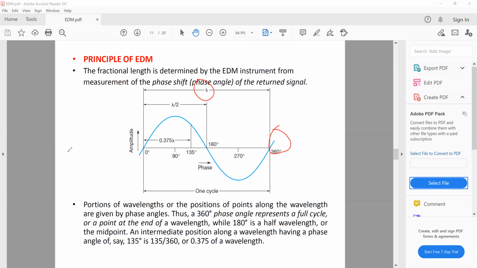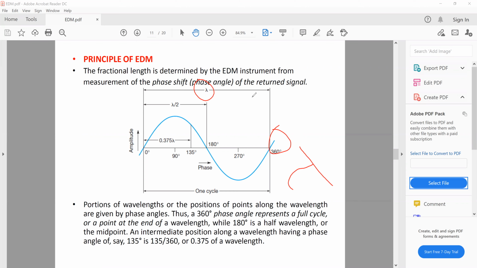That means if it's 0 degrees at the beginning and 360 degrees at the end, there is 180 degrees at the middle. And similarly, whatever the shape of the wavelength is when it returns back, the partial wavelength, depending on what is the extent of it, you can calculate the phase angle.